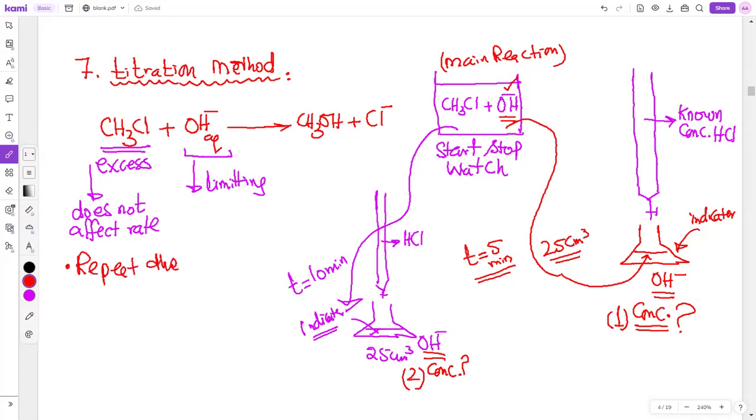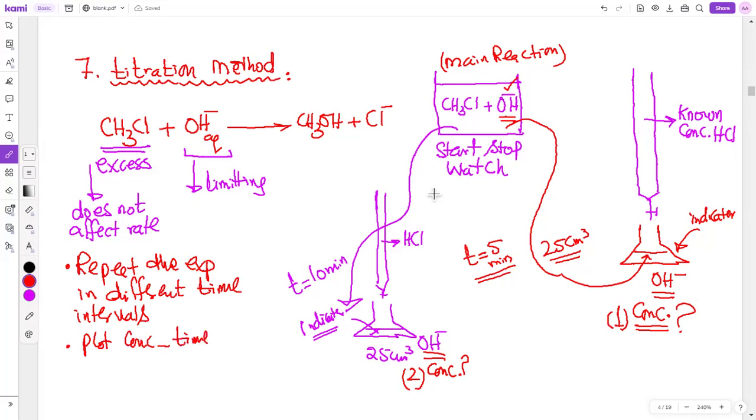And when I repeat the experiment at different intervals, I can plot a concentration-time graph, and the gradient on that graph is the rate. Gradient is rate. Any confusion?